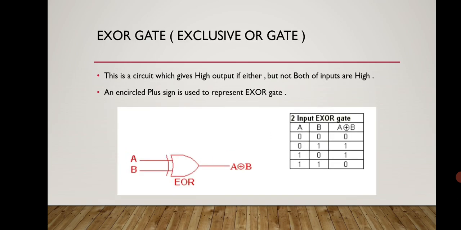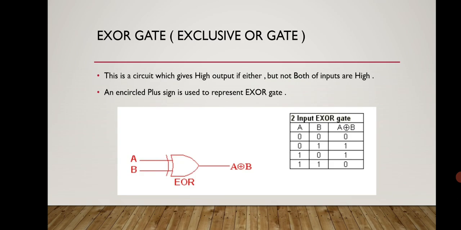Okay, now let us see the XOR gate. It is termed the exclusive OR gate. This is represented like this, and the operation of XOR is represented by the symbol plus inside a circle.